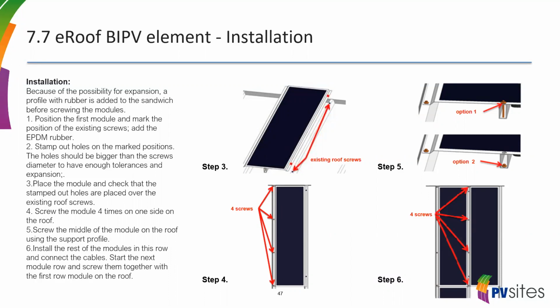There were 2 options, but option 1 was the easiest to do, so mostly we choose option 1. In this way, we just do row by row. You do the 1st row, then the 2nd row and the 3rd row, and you go on over the whole roof. It's a pretty easy way to construct everything on the roof.